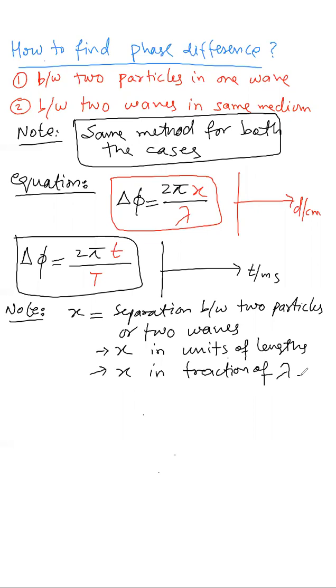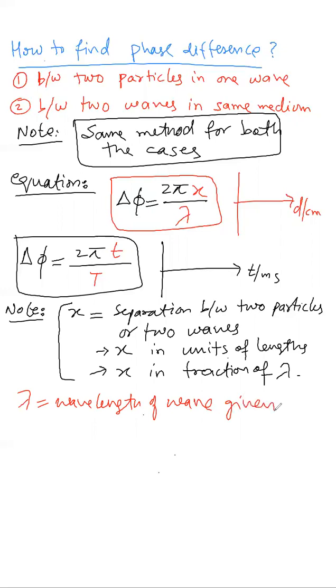If x-axis is not marked with the values, then you have to give value of x in terms of fraction of lambda, like lambda by 2, lambda by 4, lambda by 3, like that. I'll give you an example after this. Okay, so we're done with x. So what is lambda over there? Lambda is actually the wavelength of wave given.